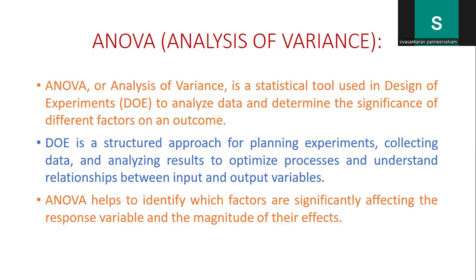Outcome is nothing but the final output which we are going to get from the experimentation process. How reliable is the outcome of the experiment based on the given input parameters? That is what we are going to see here in this topic.